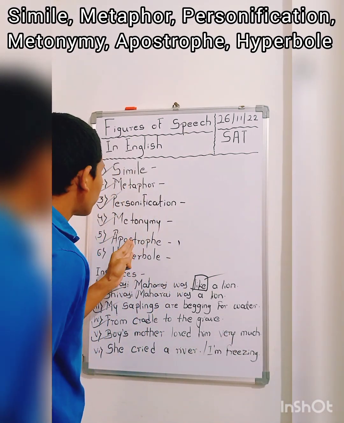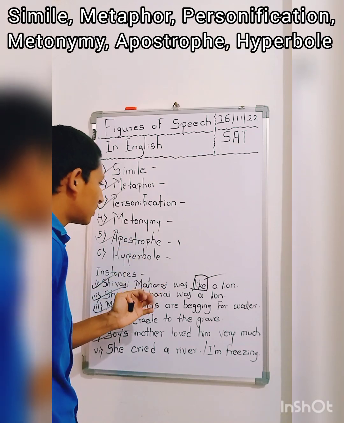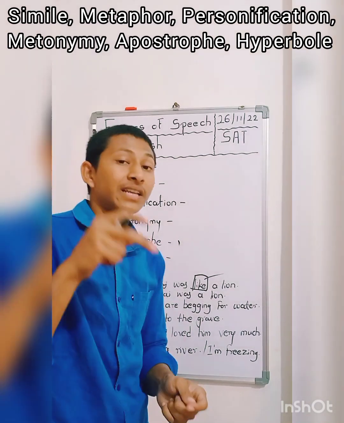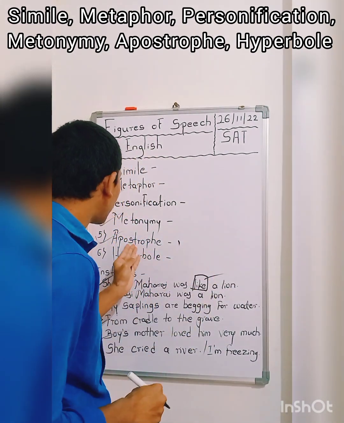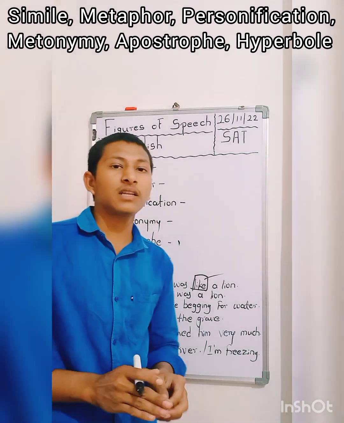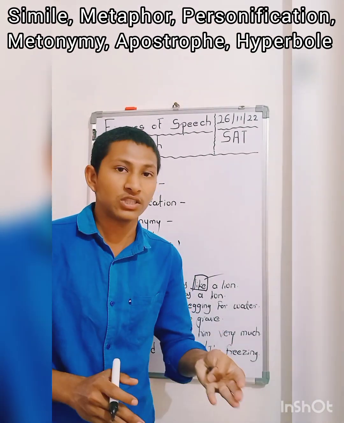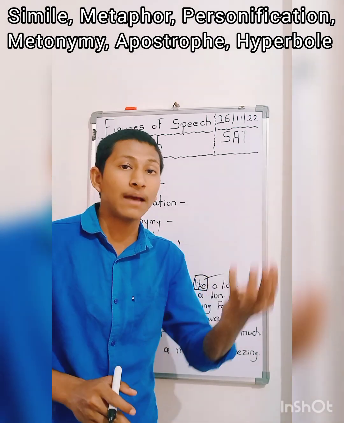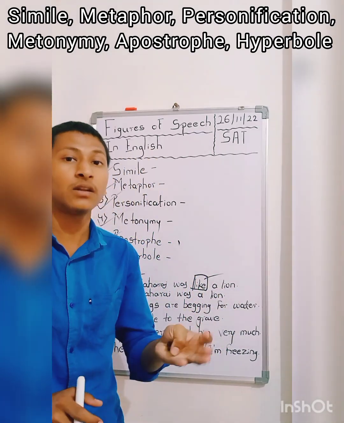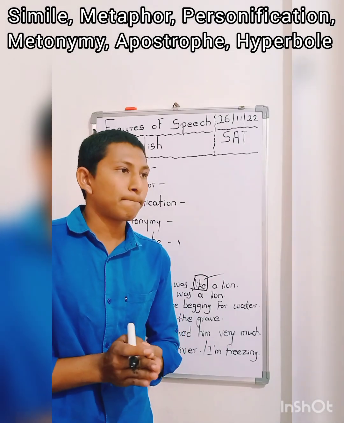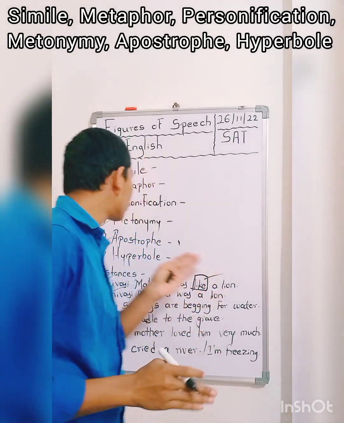Exactly in which circumstance do we use the apostrophe figure of speech? We have to use apostrophe when the third person is absent, or when the third person may be no more. At that time we use apostrophe.